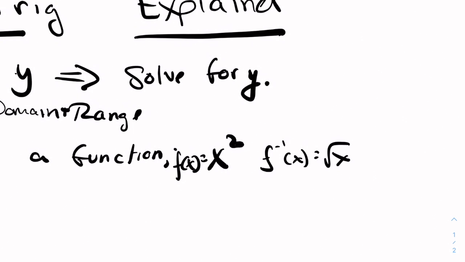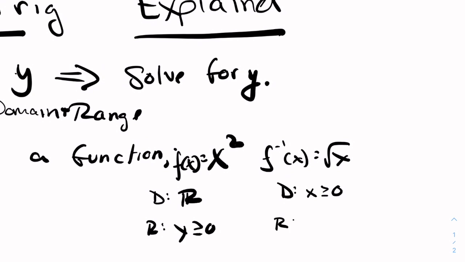When you talked about f of x equals x squared and f inverse square root of x, we know that the domain for x squared is all reals, and the range is y greater than or equal to 0. But for the inverse function, our domain is x greater than or equal to 0, and our range is y greater than or equal to 0.